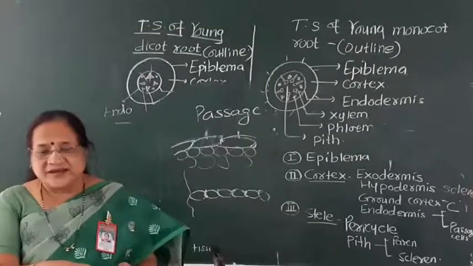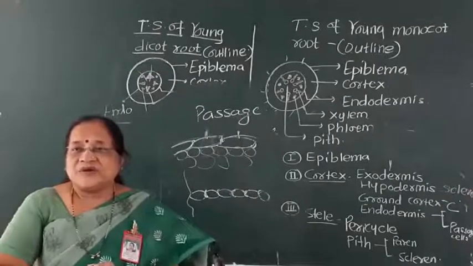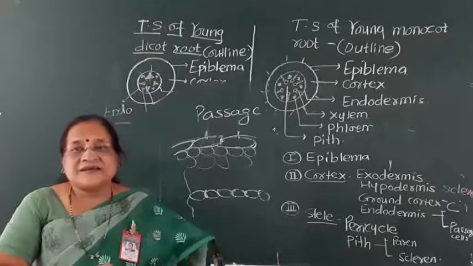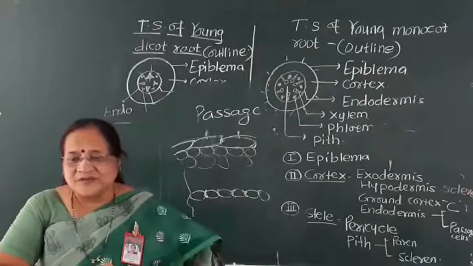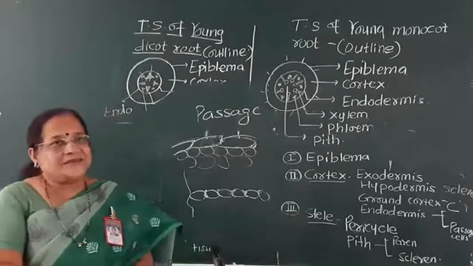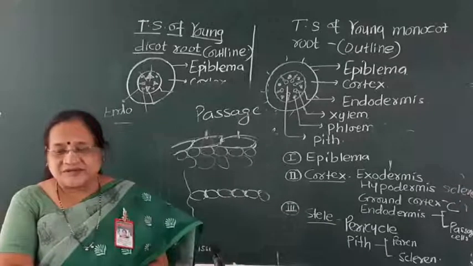The next one is the phloem. Here it is small and composed of sieve elements, but phloem parenchyma is absent in case of monocot phloem. The phloem and xylem get separated by parenchymatous conjunctive tissue.